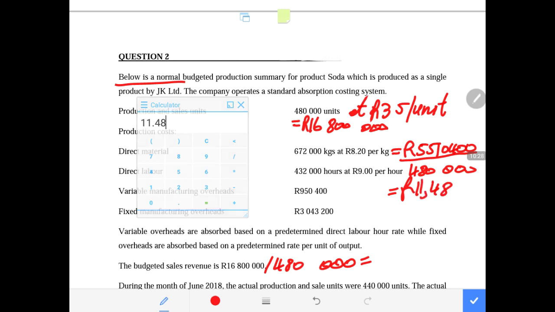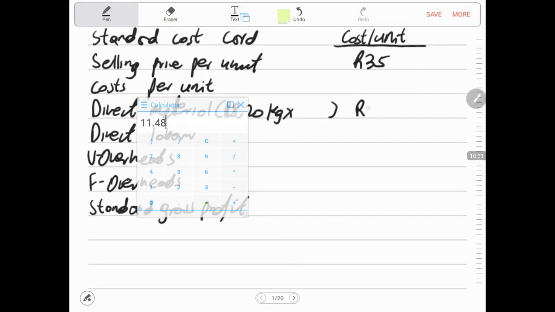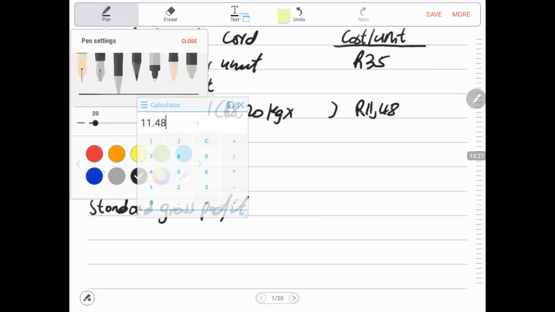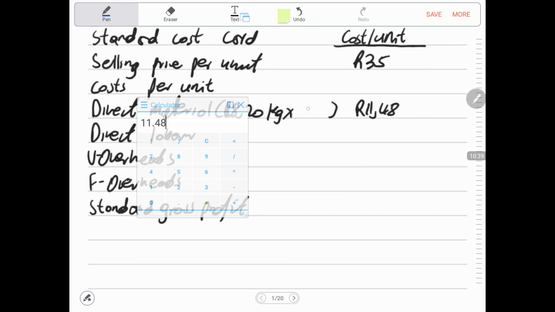So 11 rand 48 cents becomes the cost of material per unit. Now we know there was something that was multiplied here which we don't know, and that was the kgs that we multiplied in order to get here.